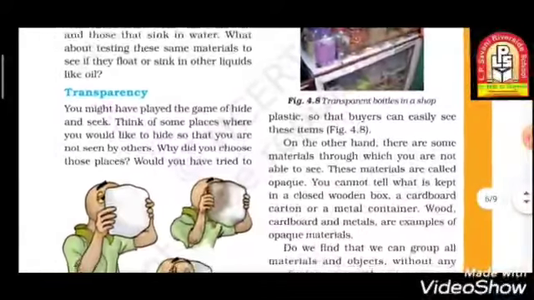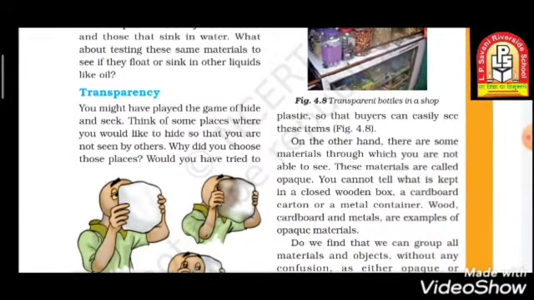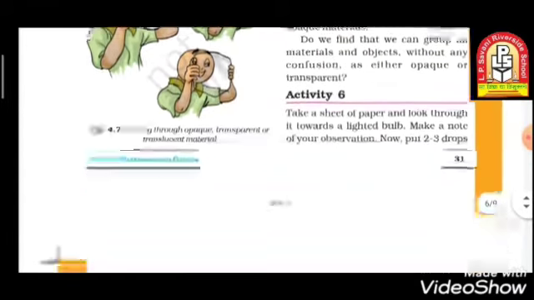On the other hand, there are some materials through which you are not able to see. These materials are called opaque. Materials through which we cannot see from both sides, like wood, wall, cardboard, are called opaque materials.